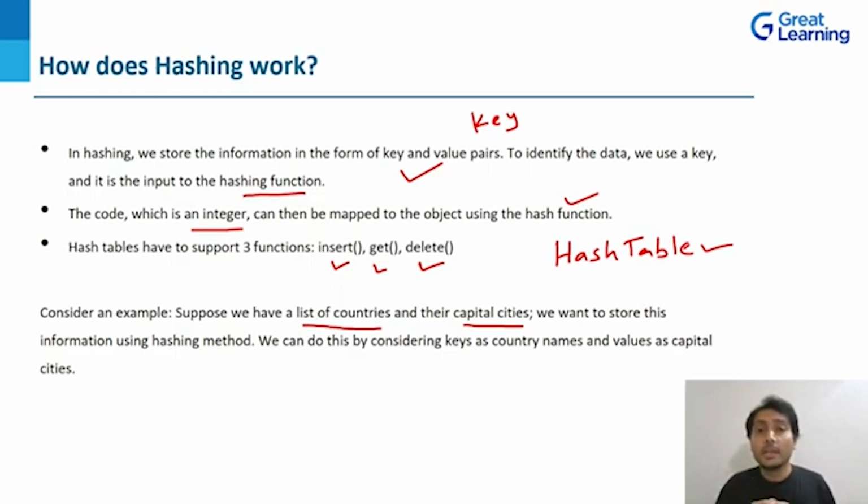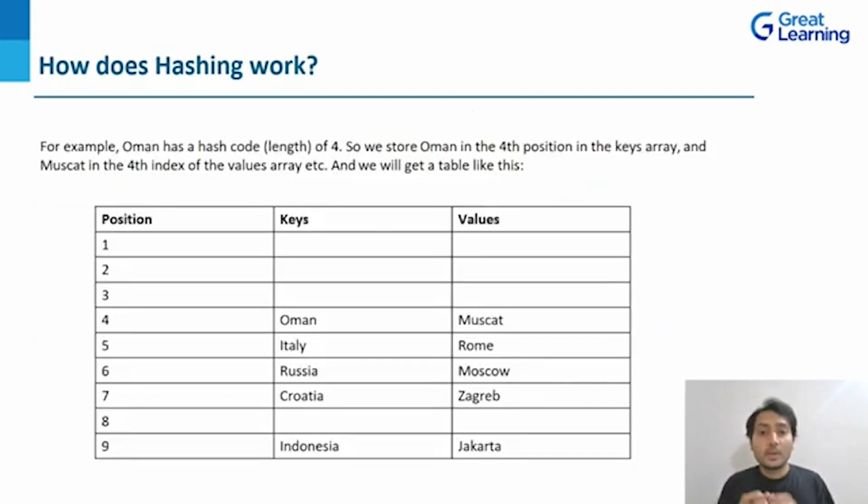So if I have a country name, which is a key, then the associated value is nothing but the capital city of that particular country. Country is the key and the capital city is the value. Fine, so let us explore this example more. Consider this table over here. Here we have countries such as Oman, Italy, Russia, Croatia, and Indonesia, right?